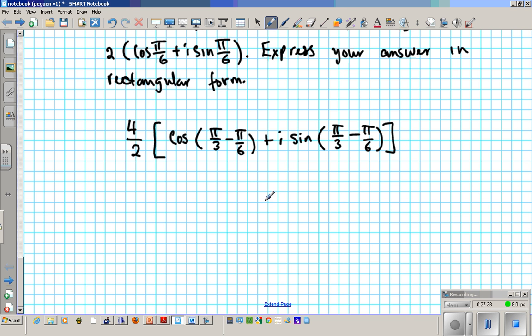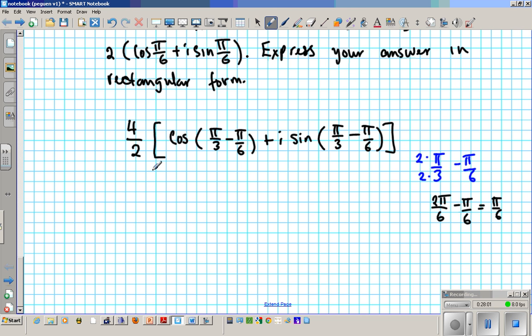Alright? Alright, so let's evaluate the difference. Let's do the difference on the side here so we don't have too many steps. So pi over 3 minus pi over 6. The LCD is 6, right? So what is the LCD of 3 and 6? 6, so I multiply this by 2 top and bottom. So I'm going to have 2 pi over 6 minus pi over 6, which is basically pi over 6.